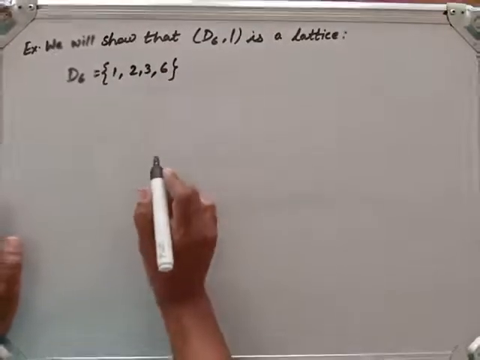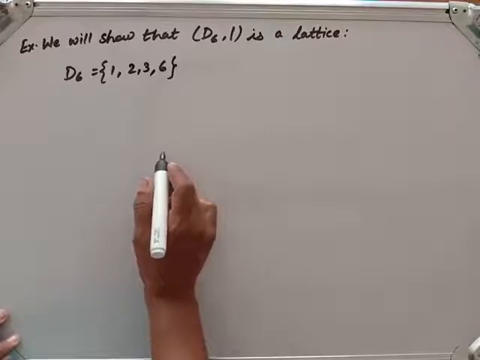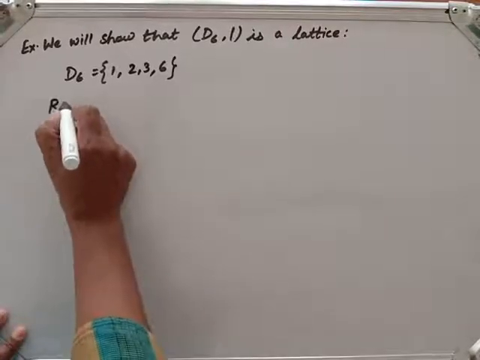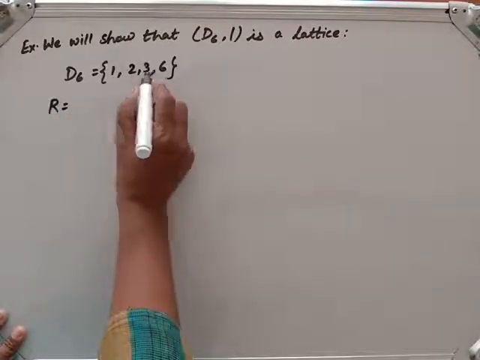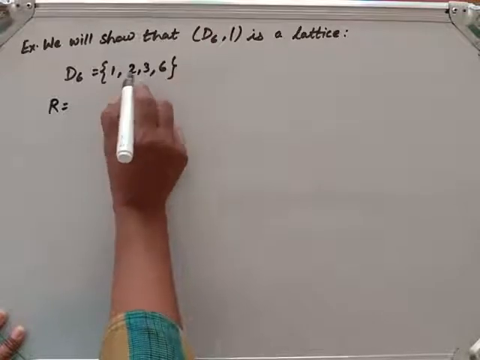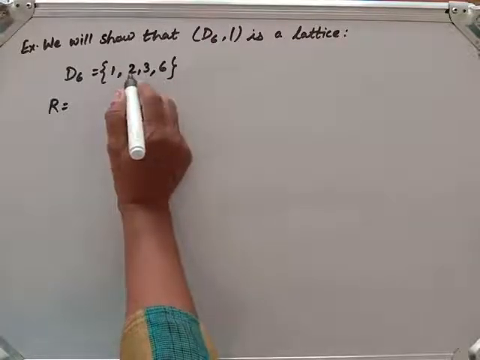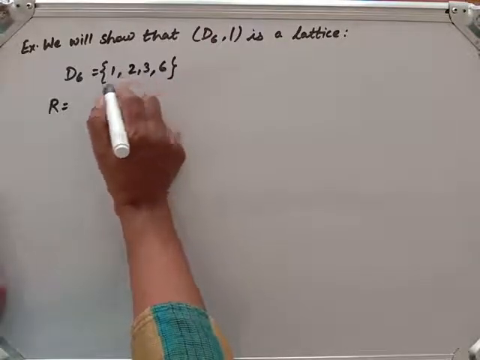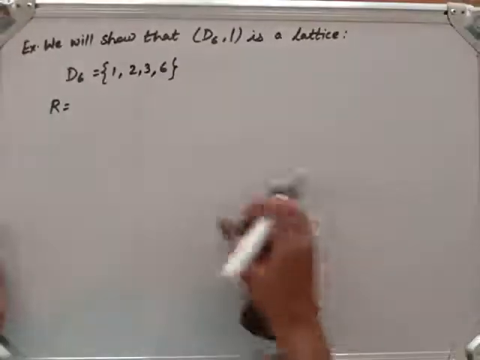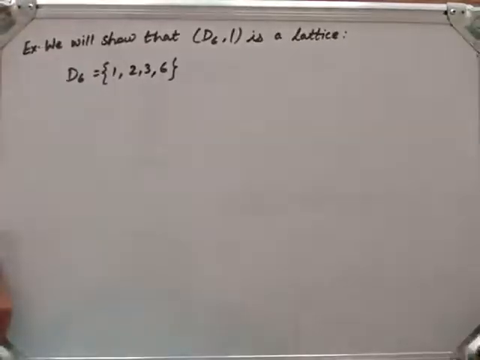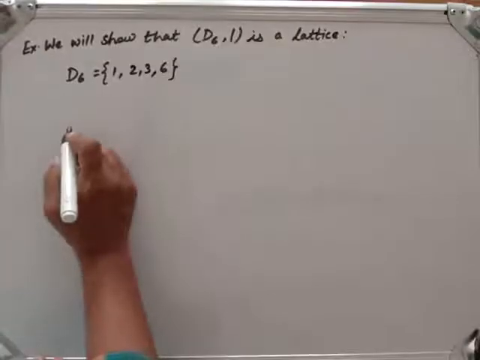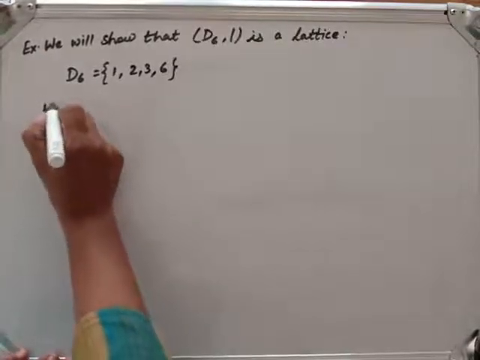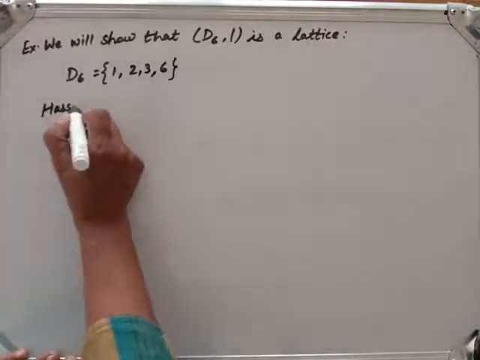So let us draw a Hasse diagram for this. Now 1 is related to 2, 1 related to 3, 1 related to 6, 2 related to 6, and 2 related to itself. Every element is related to itself, but in a Hasse diagram we won't show it. So let me draw the Hasse diagram for D6.